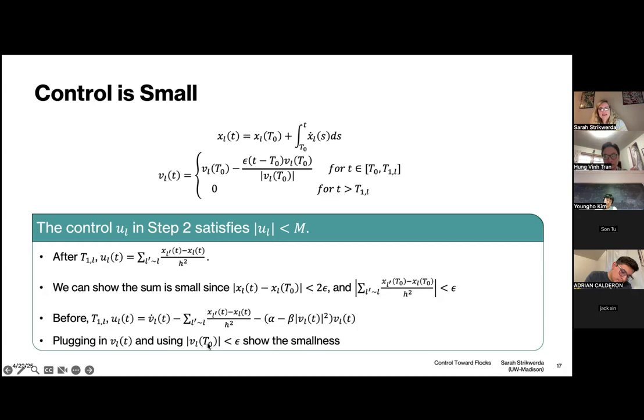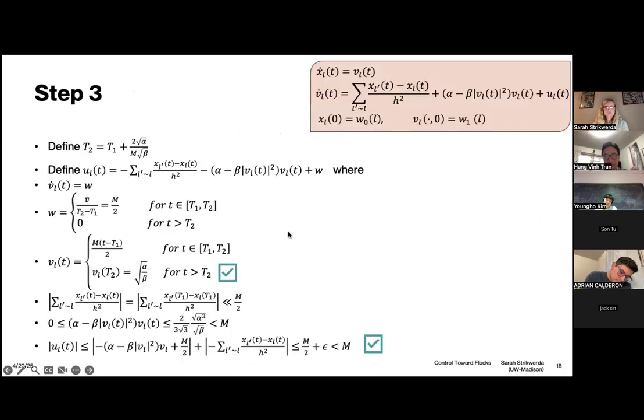And using the fact that VL of T naught is less than epsilon, we can also show that even before T1L, UL will still be small, and so we'll satisfy this condition of UL being less than M. And so because we have a control where UL is small and it drives us to a point where the velocity is 0, we can move on to step 3.